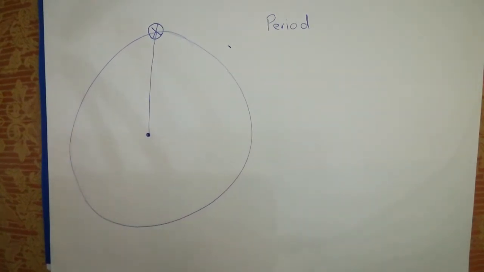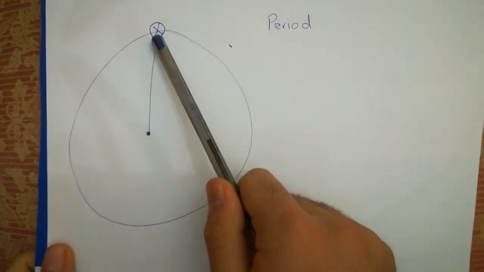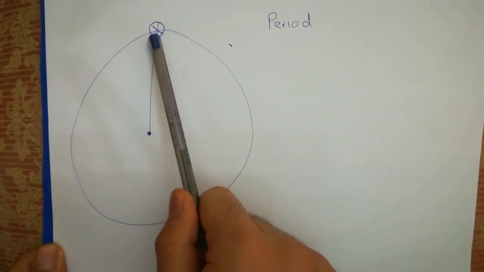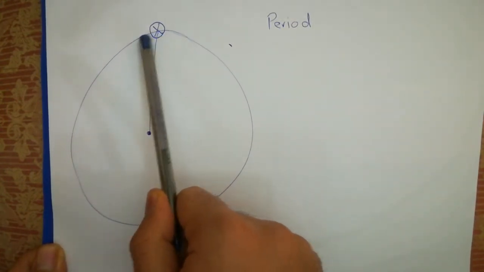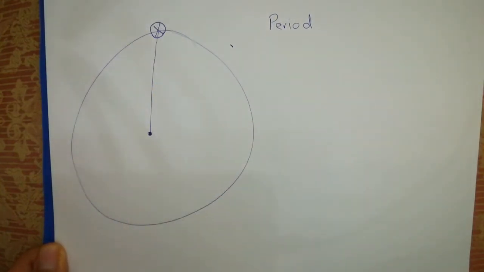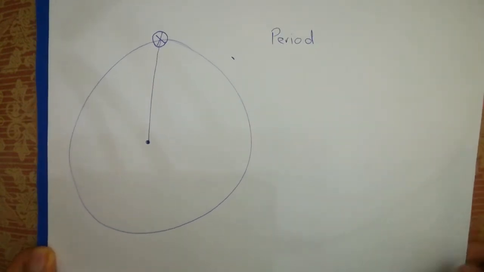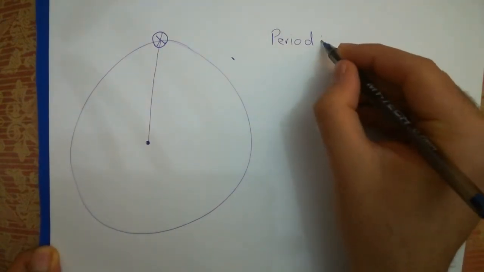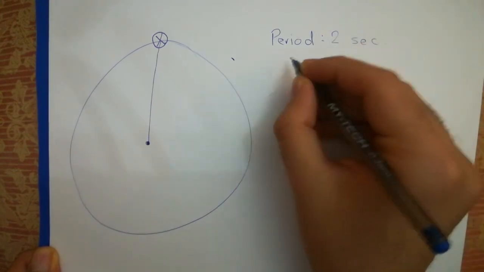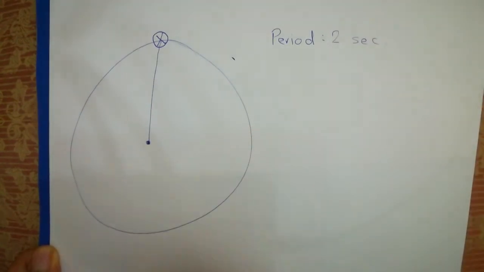For example, this bar of towels right here is rotating, and let's say it took 2 seconds for it to make one complete cycle and reach the same position from where it started. Since it took 2 seconds, the period of this rotation is 2 seconds, meaning it takes 2 seconds to complete a cycle.